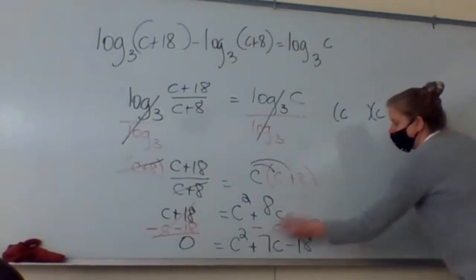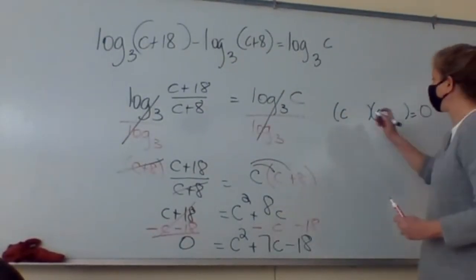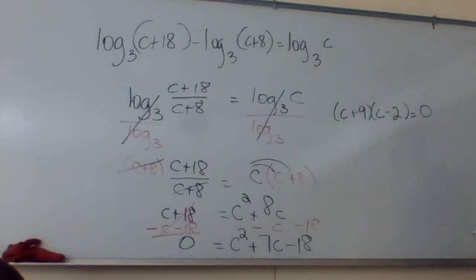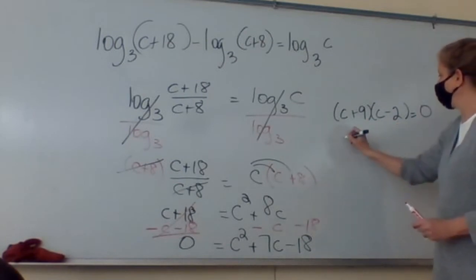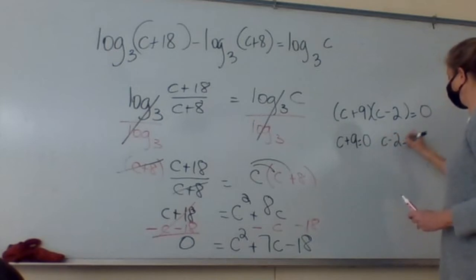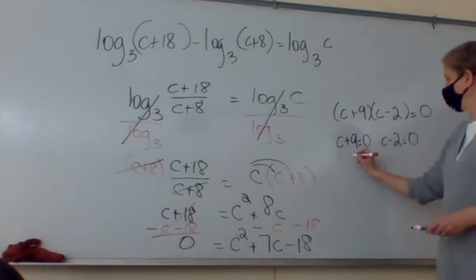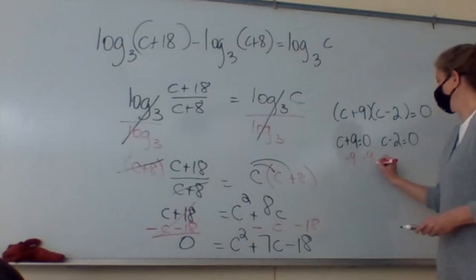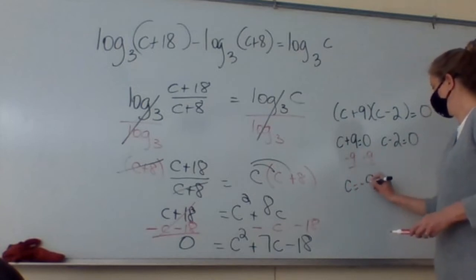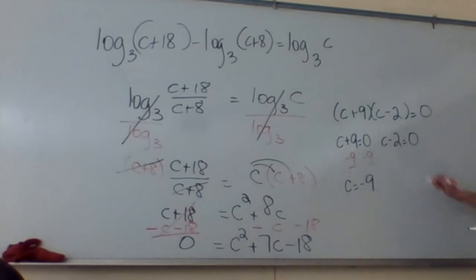Factors of negative 18 that give me positive 7 are positive 9 and negative 2. If I set these equal to 0 and solve for c, I subtract 9 here, which gives c equals negative 9, and add 2 here to get c equals 2.